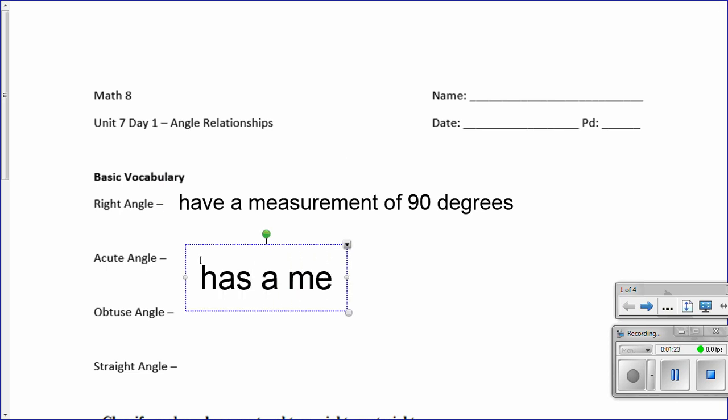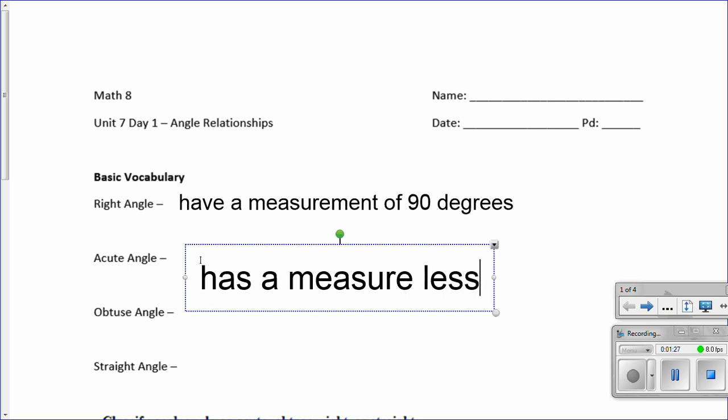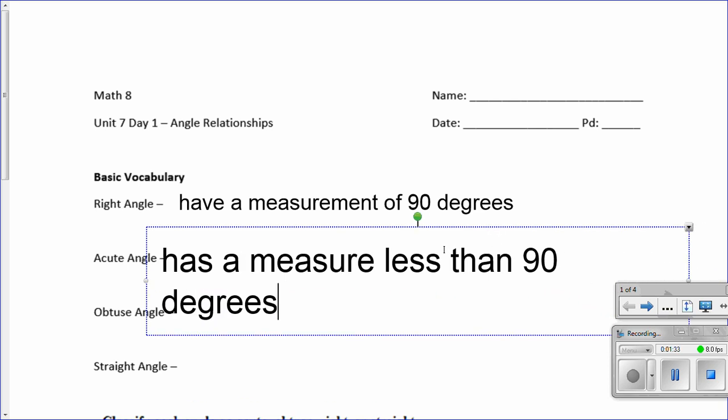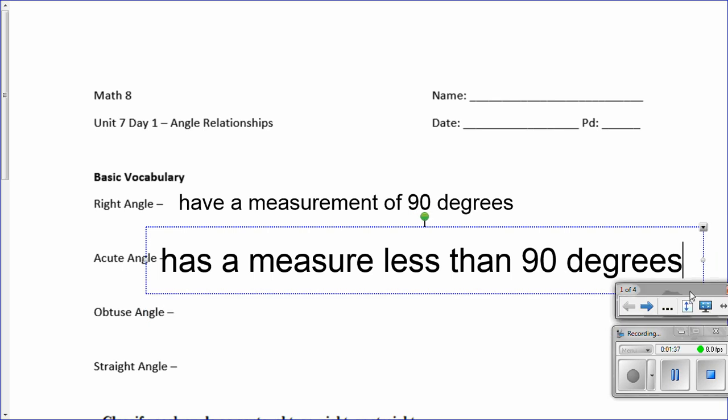An acute angle has a measure less than 90 degrees. You can use the degree symbol when you write this. I just don't have that on my computer, so I'm not going to do it.